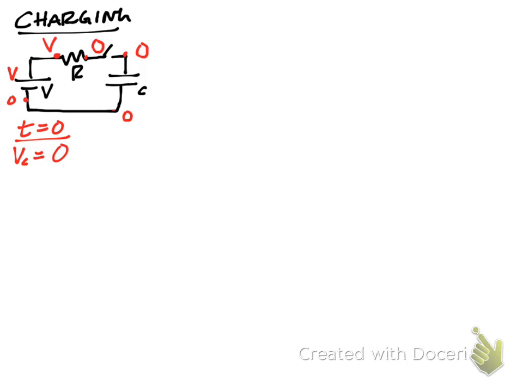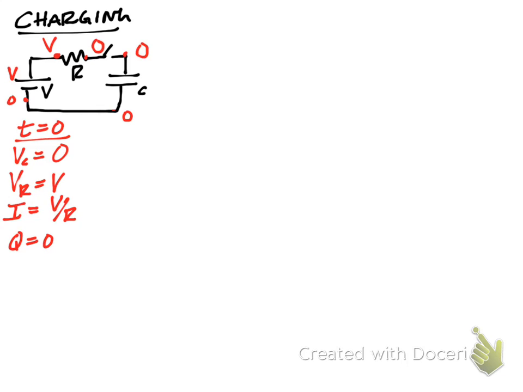So we see that the voltage across the resistor is equal to the initial voltage that we have on the battery. And if that's the case, we know that the current in this circuit is going to be the voltage on the battery divided by the resistance. And we know that the charge on the capacitor to begin with is 0.